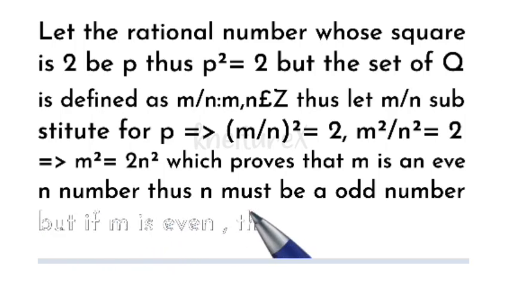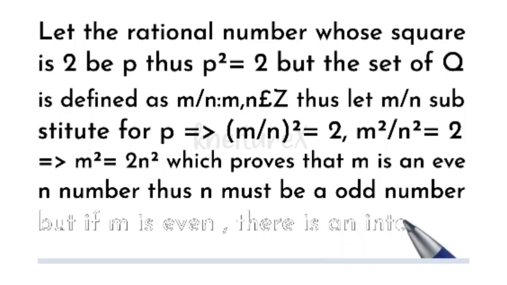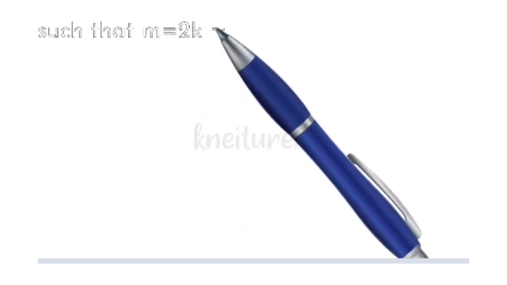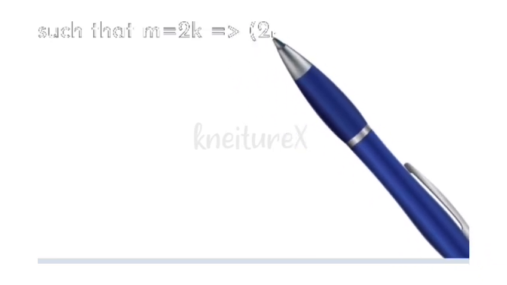But to do this, we need to observe that since we concluded that m is even, that means m itself must be a multiplication of 2 and a certain number, which represents an integer k. So m now will be 2k. We represent our m as 2k. So we put this 2k in place of m in our equation.